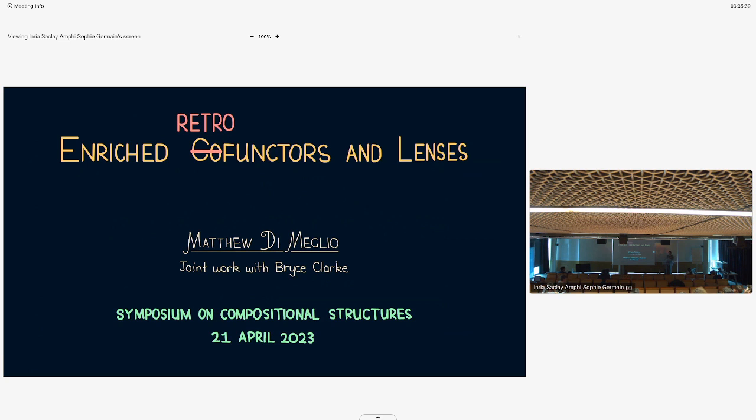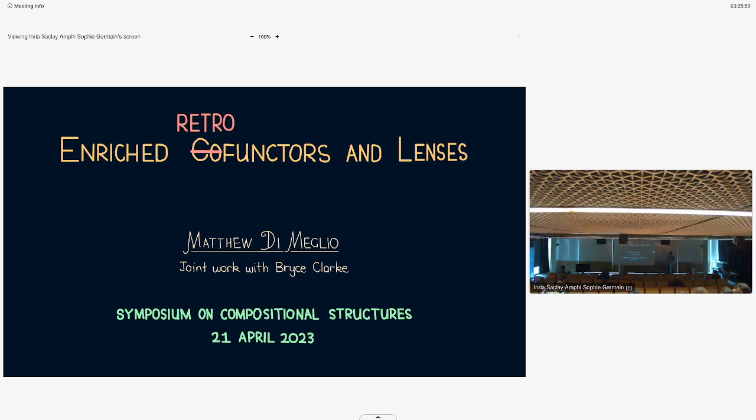So I'm going to give a whole bunch of examples, and if at the end you're interested in more concrete definitions and results, then we can direct you to the preprint that we have on the arXiv.